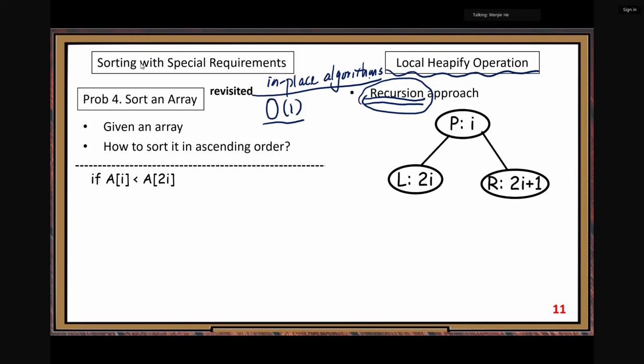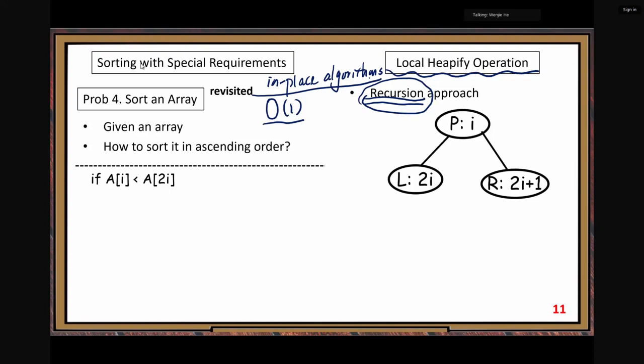We detect it. After we find a violation, we need to prepare to swap the values. But when we do this small operation locally, we want to do it efficiently. Think about how to do it efficiently.